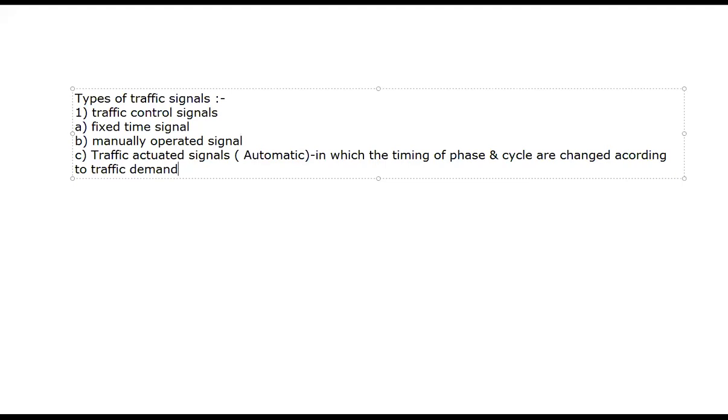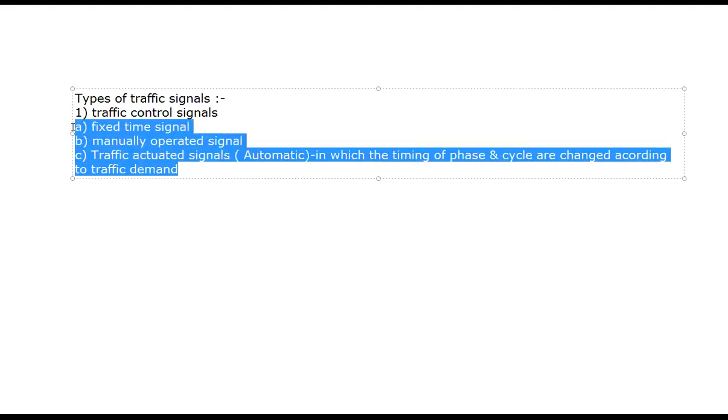Okay. So these are the three types of traffic control signals.